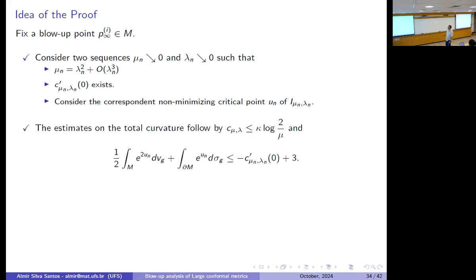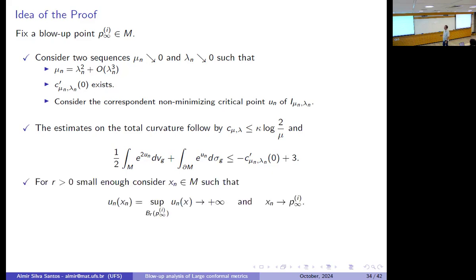And the estimates on the total curvature follow. This estimate follows from these two estimates on the level of the energy of this function, and by this estimate which I said we found. Then you have to analyze what's happening in a neighborhood of some blow-up point.